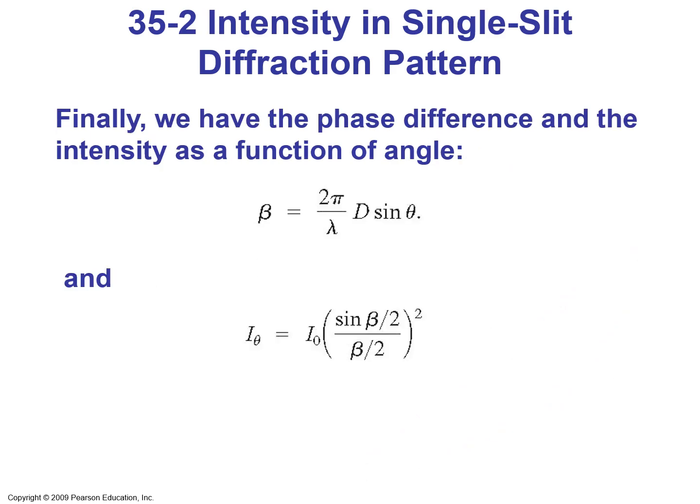Finally, we have the phase difference and the intensity as a function of angle. So the phase difference beta is equal to 2 pi divided by lambda multiplied by d times sine theta, and I theta is equal to I naught multiplied by the quantity sine beta over 2 divided by beta over 2, squared.